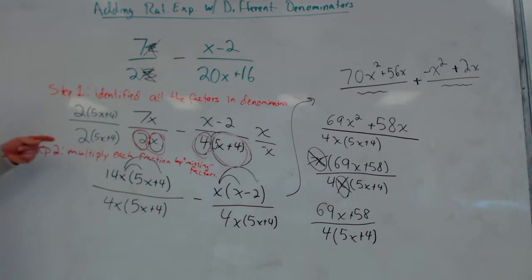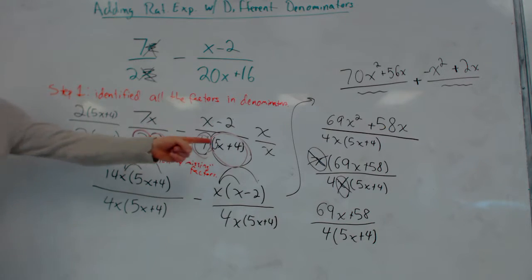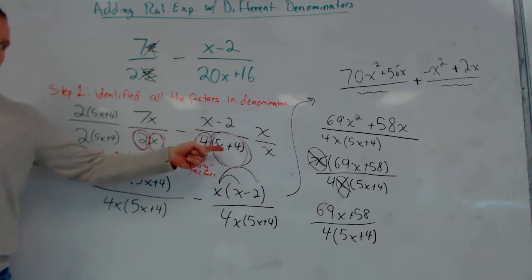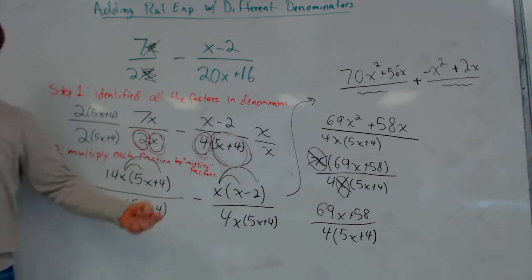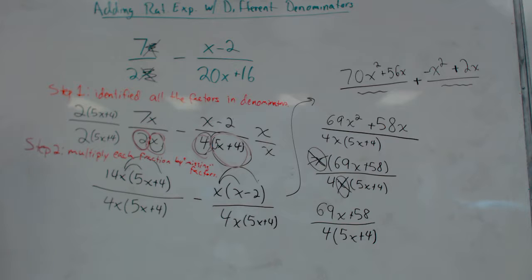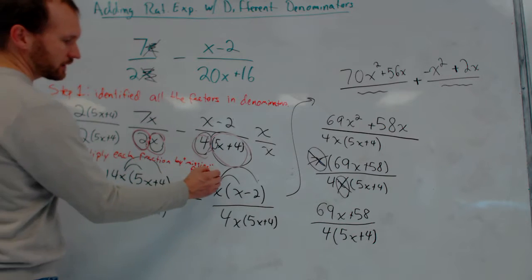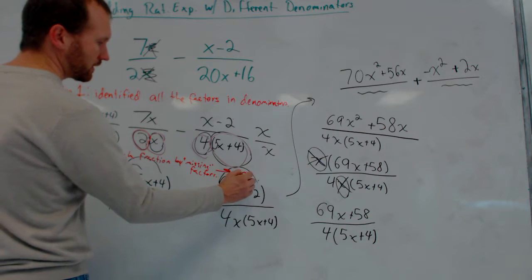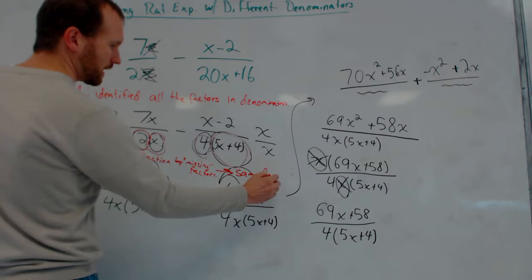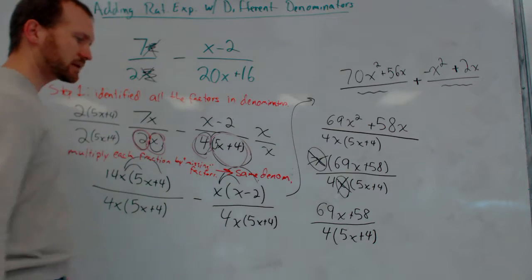Well, I multiply this one times 2 and 5x plus 4, because they were missing from this denominator. I multiply this one times x, because that was missing from this denominator. So the goal here is same denominator. That's my goal.